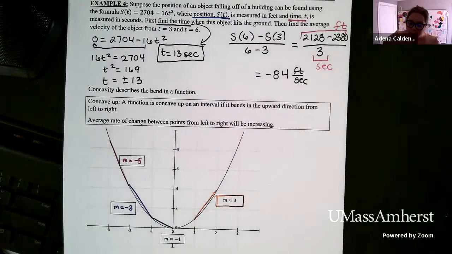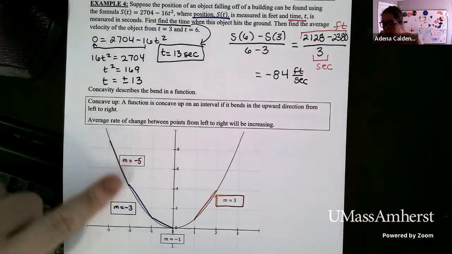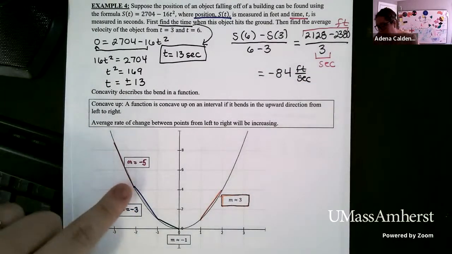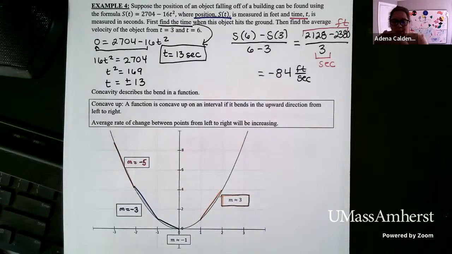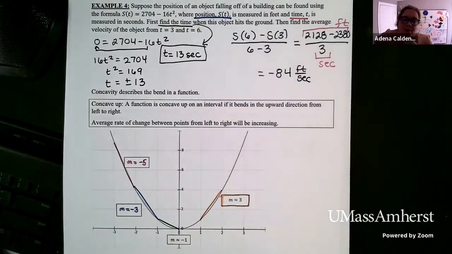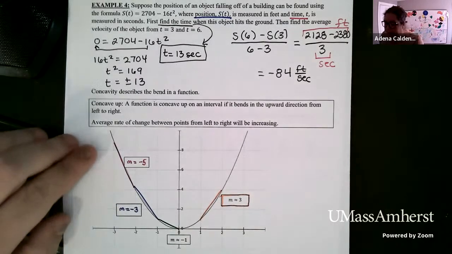So how does that relate to average rate of change? It turns out that if you were to take the average rate of change between points and you were to move from left to right, just calculating average rates of change, when those average rates of change are increasing from left to right, then your graph is concave up. So here's an example.